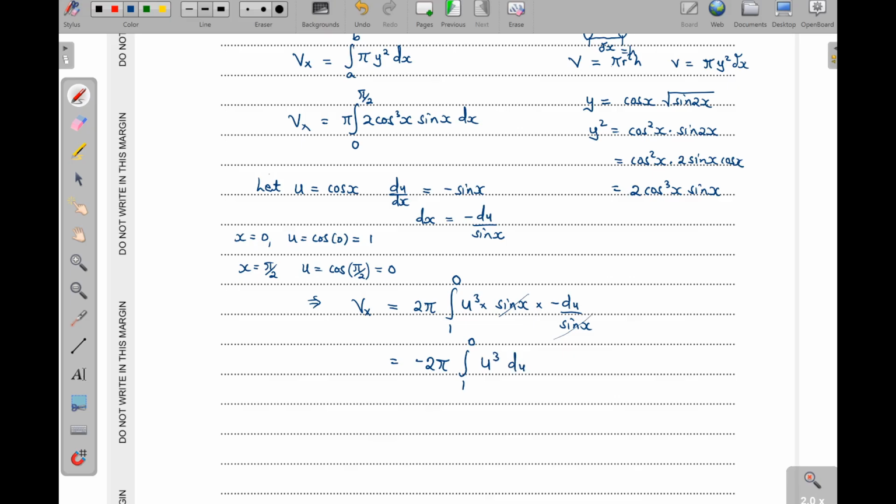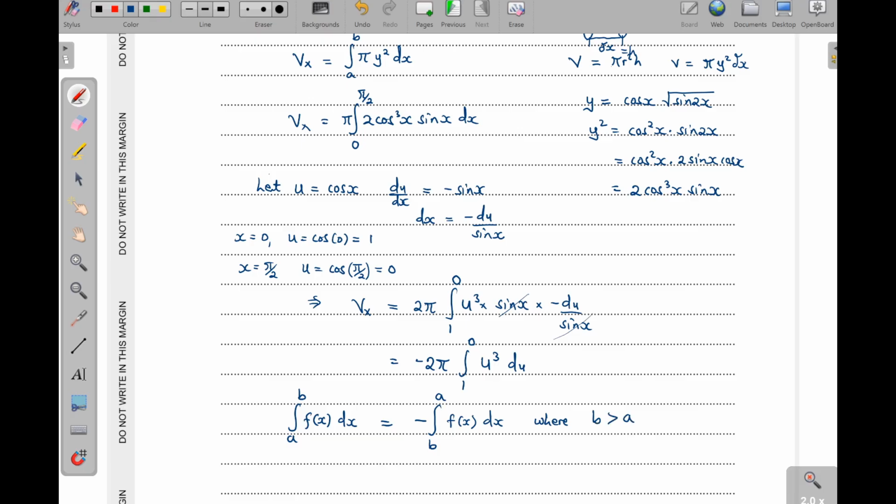This is another thing that you should know. When you integrate a function with respect to x from a to b, this one is the same as the negative of you integrating from b to a that function, where b is greater than a.